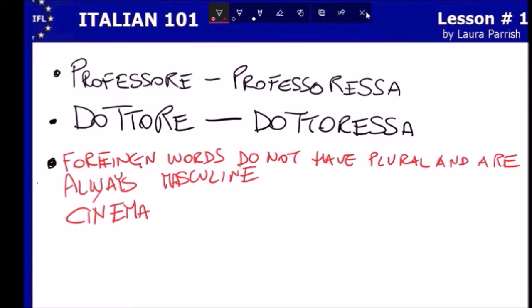Let's say another foreign word, caffè. I don't know where cafe comes from, but it's not an Italian word originally. In fact, it's masculine and the plural is the same.